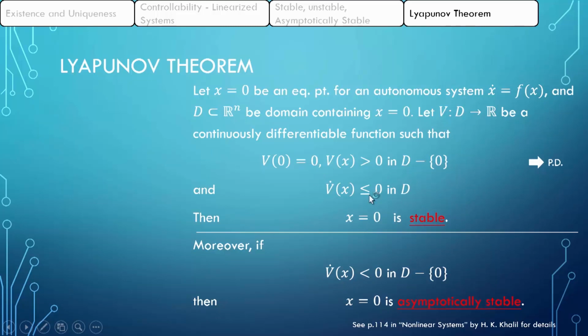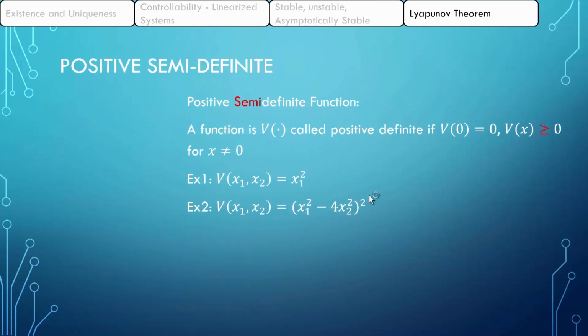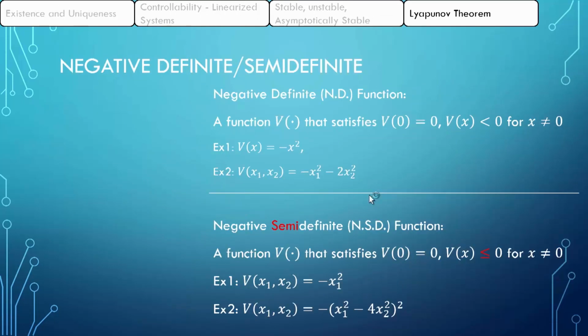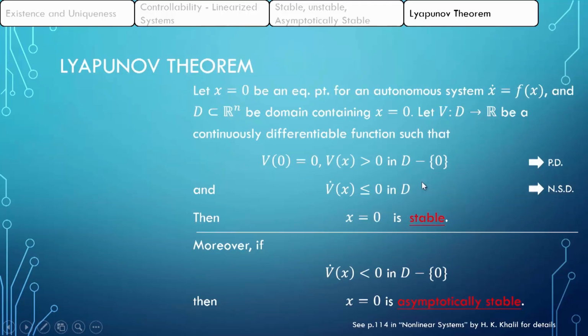So maybe let's go back a few slides to the definition of SD, which here is less than or equal, for x not equal to 0. So that means given a PD function, your V dot could be equal to 0 when it's not at the origin, say here.